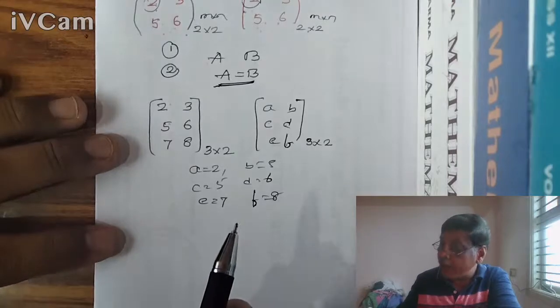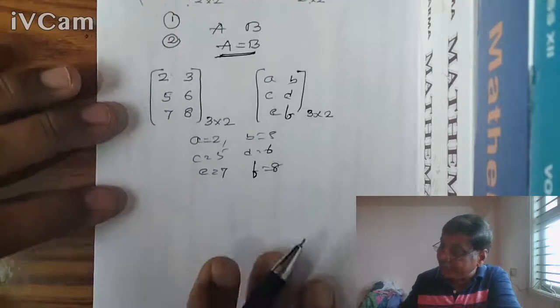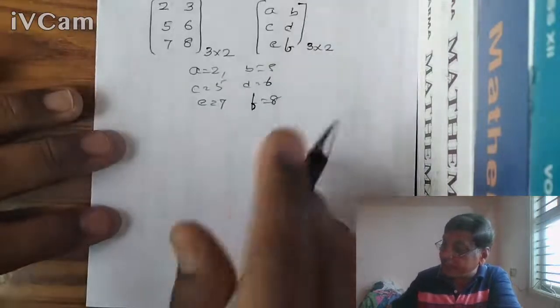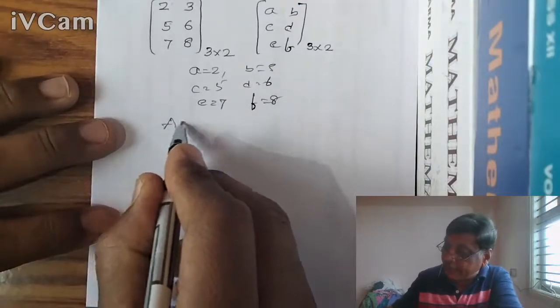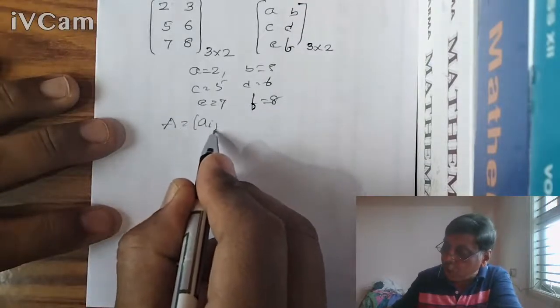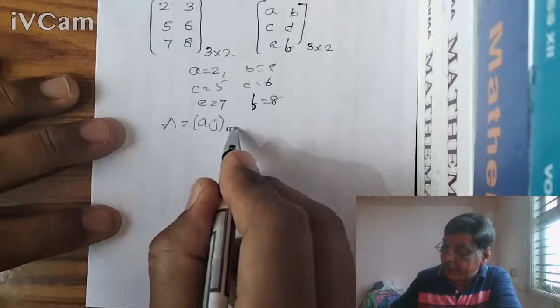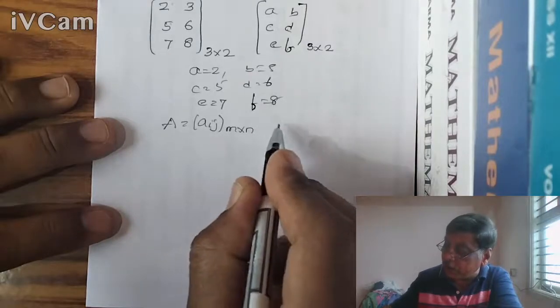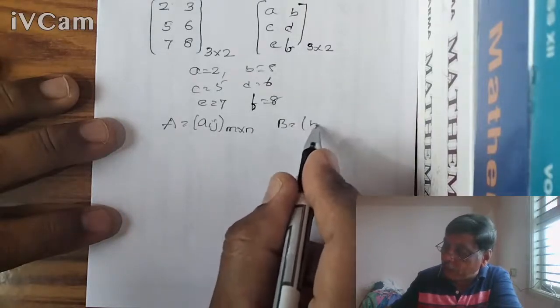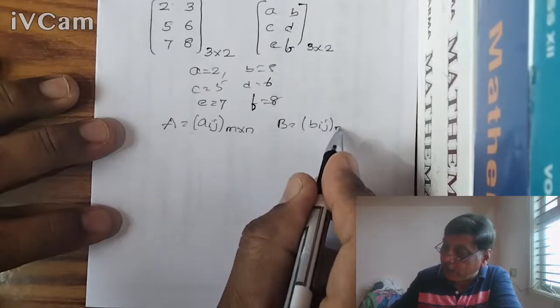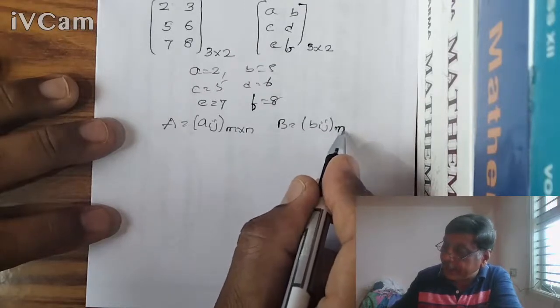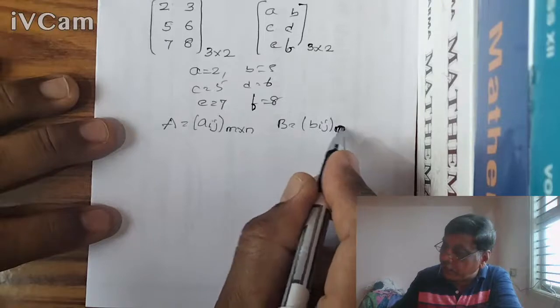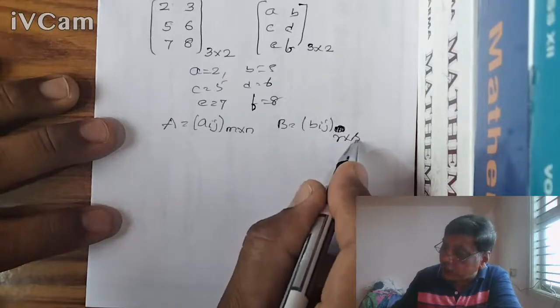Now let us define it in general. Let A be a matrix, which we write in compact form as [a_ij] of order m cross n. And B is one more matrix, written in compact form as [b_ij] of order r cross s.